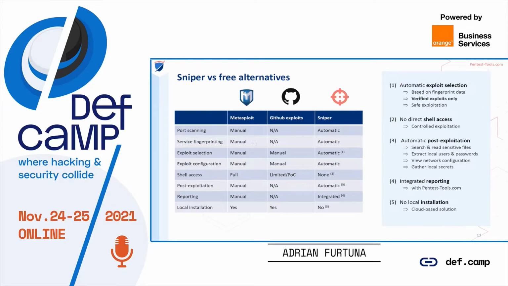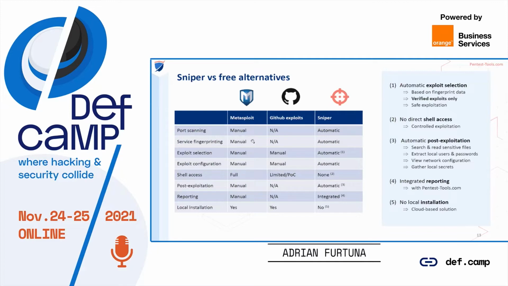And we also may use some exploits that can be found on GitHub. However, these are the differences between these free alternatives and Sniper. As you may see, Metasploit is a fully manual tool. Every step from here needs to be manually done, and the pen tester needs to know very well what he's doing when running Metasploit.